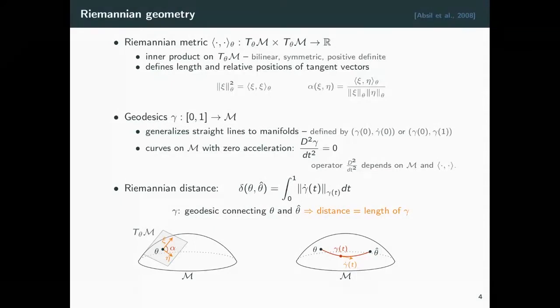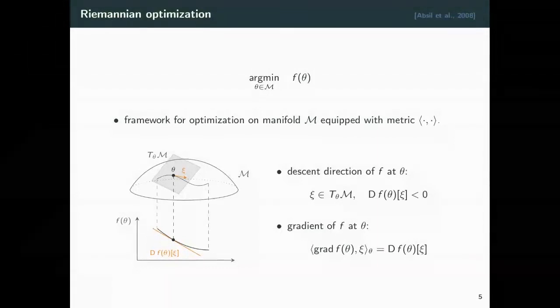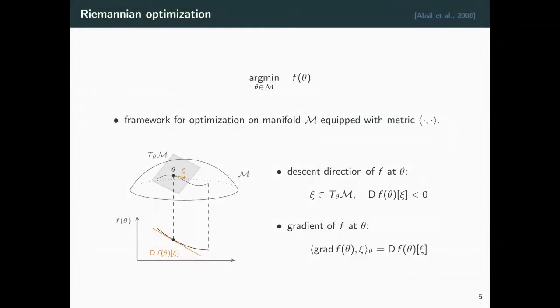We can also define optimization methods on manifolds. The goal is to find the minimizer of a cost function f. Starting from some point theta, we aim at finding a descent direction, a tangent vector such that the directional derivative of f is negative, which translates into a decrease of the cost function.